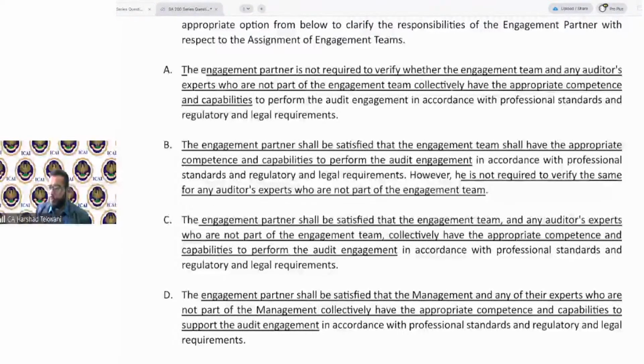Correct, Namrata? So, and after this, I'll explain you, Namrata, your questions on integrity and the engagement team. Come on, guys.